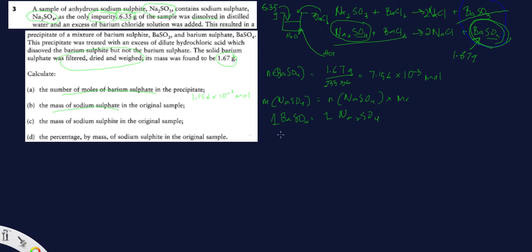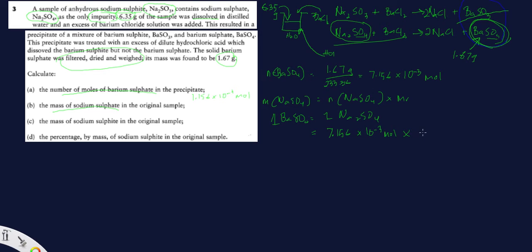So if you have 7.156 times 10 to the power -3 mole from your part A, then the mole of sodium sulfate is the same, 7.156 times 10 to the -3 mole.